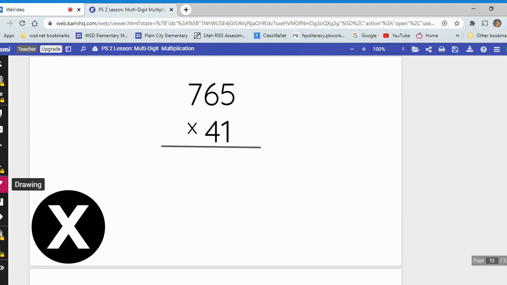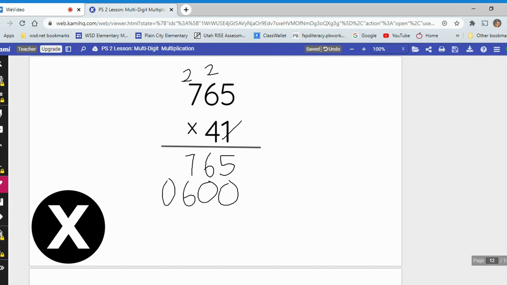All right, so 1 times 5, 5, 1 times 6, 6, 1 times 7, 7, 0 placeholder. 4 times 5 is 20, carry that 2. 4 times 6 is 24, plus 2 is 26. 4 times 7 is 28, plus 2 is 30. 5 plus 0 is 5. 6 plus 0 is 6. 7 plus 6 is 13.